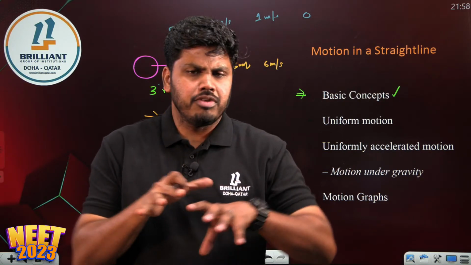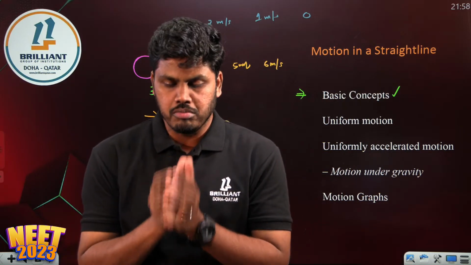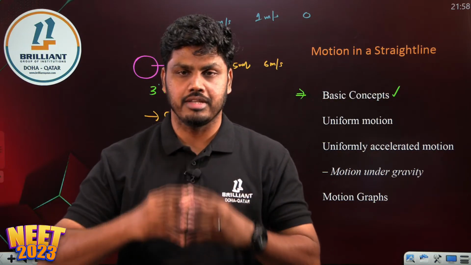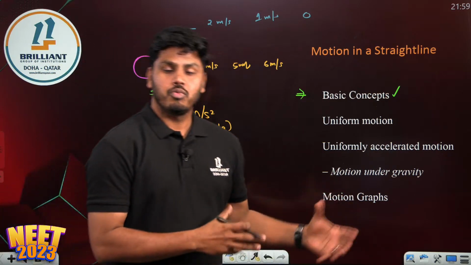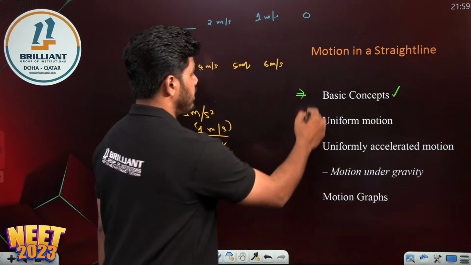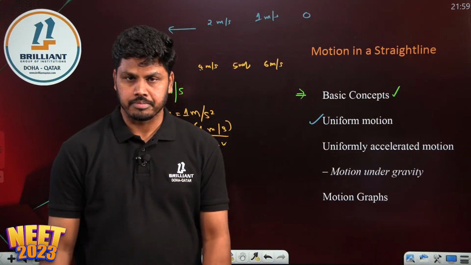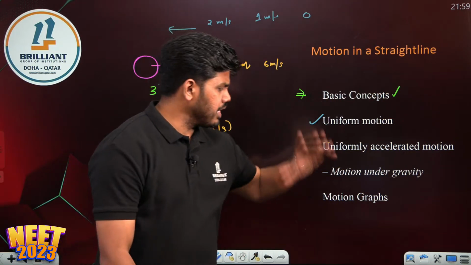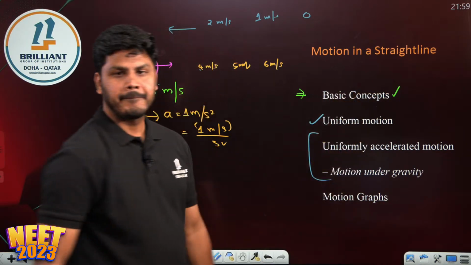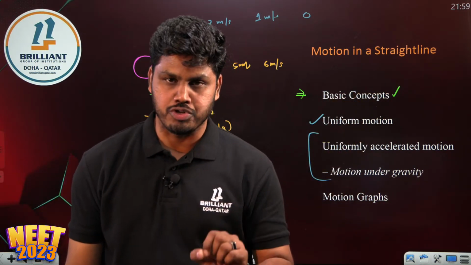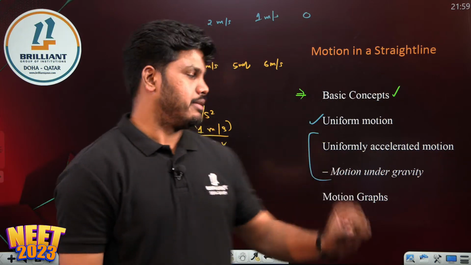This kind of understanding, like what exactly motion is, how the body moves, what velocity and acceleration are, what is the meaning of being accelerated uniformly, or what is uniform motion, that kind of basic concepts you should be thorough with. Numerical questions mostly we get from this part. Non-uniform motion, motion under gravity.